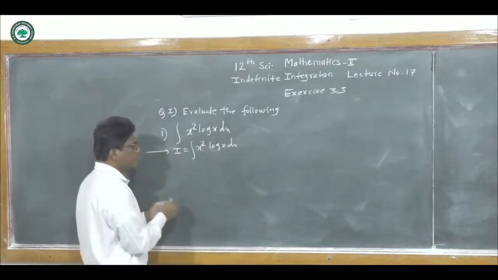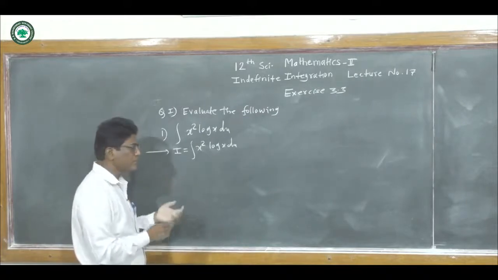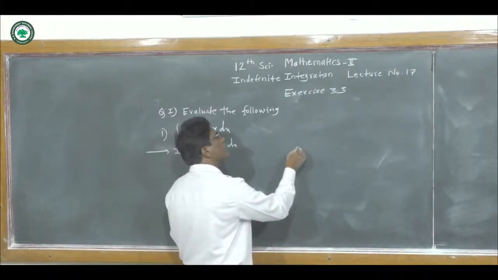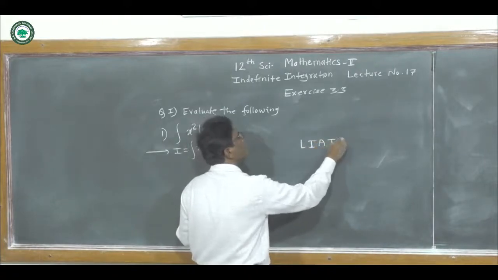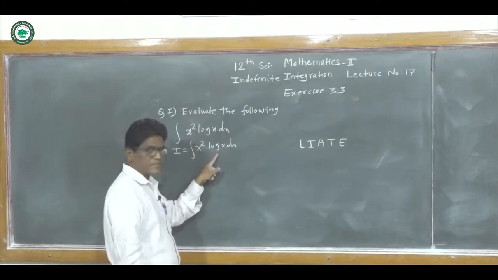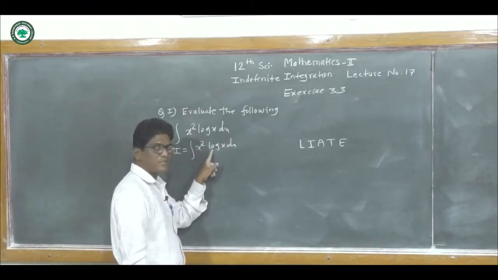So now here there is a choice of first function. First function we choose from the serial order of the letters LIATE, L-I-A-T-E. Now here x square and log x are two functions. X square is an algebraic function and log x is a logarithmic function.